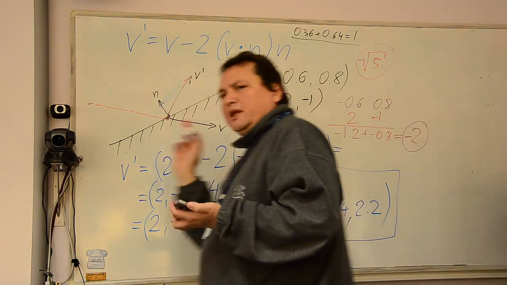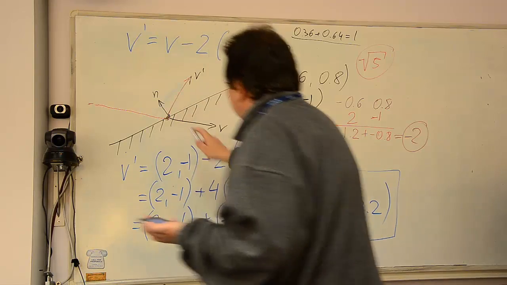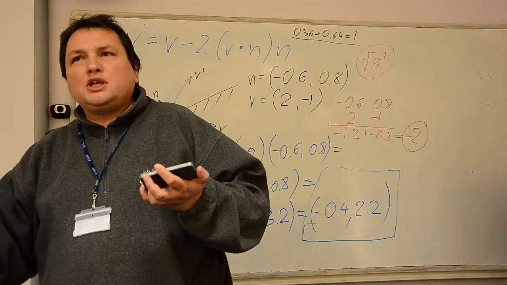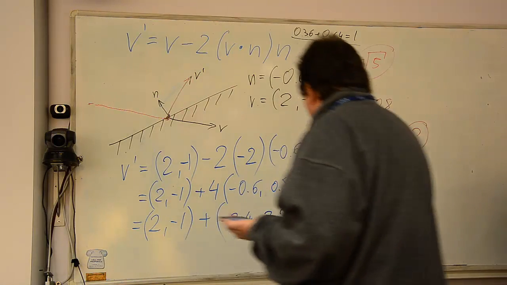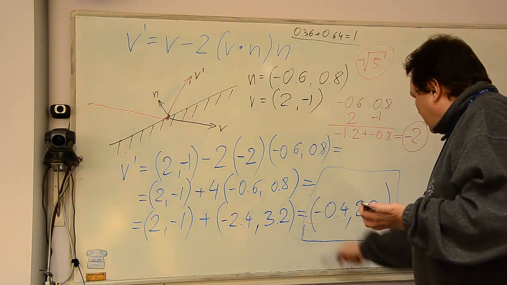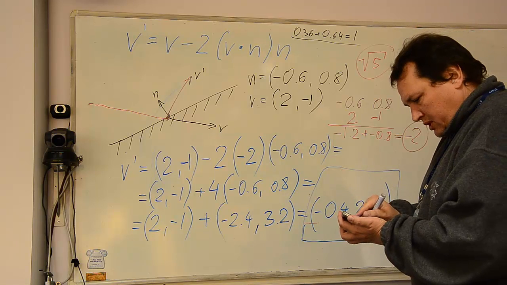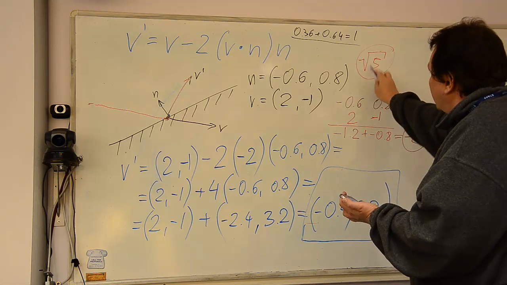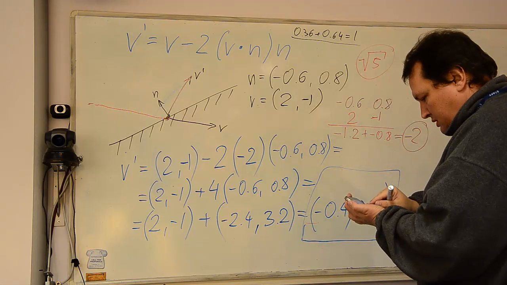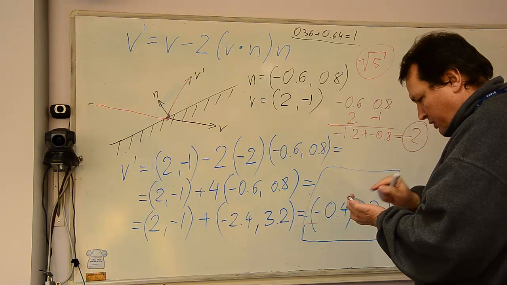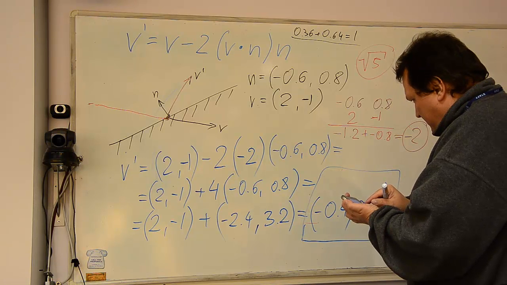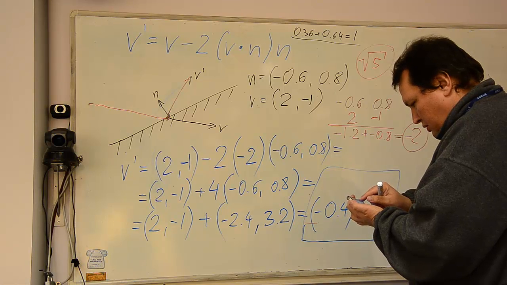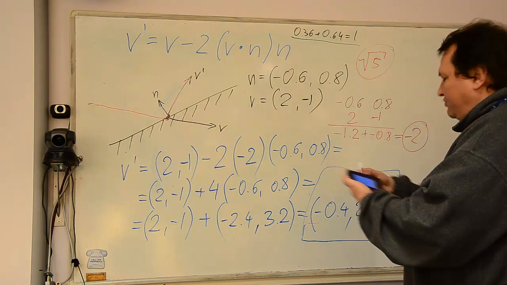Why did I calculate this? Because this collision, this event here, must not change the speed of the motion. So if I now calculate the magnitude of this vector, which I'm doing right now, we also should get square root of 5. So it's 0.4 squared plus 2.2 squared equals 5, exactly.